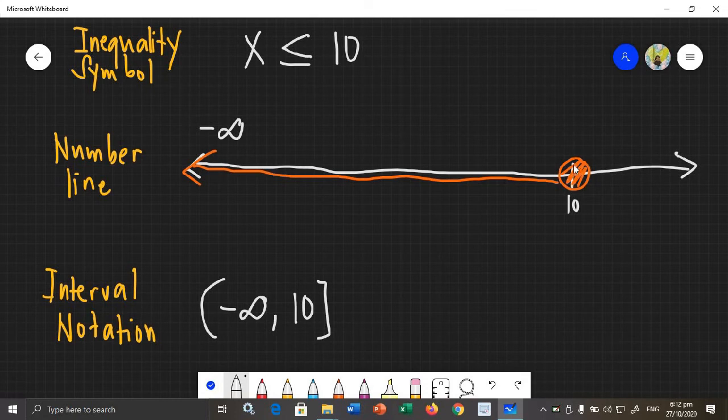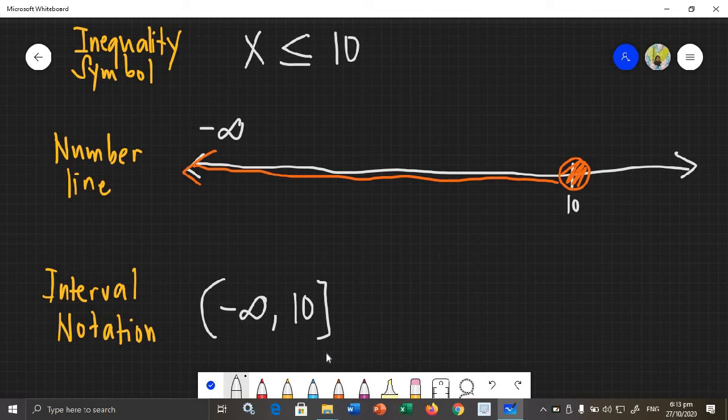Bakit po brackets? Closed circle, meaning 10 is included in the solution, kaya brackets yung ginamit sa interval notation. And then, yeah, now that you know the intervals or how to draw the interval notation in the number line, also the inequality symbols.